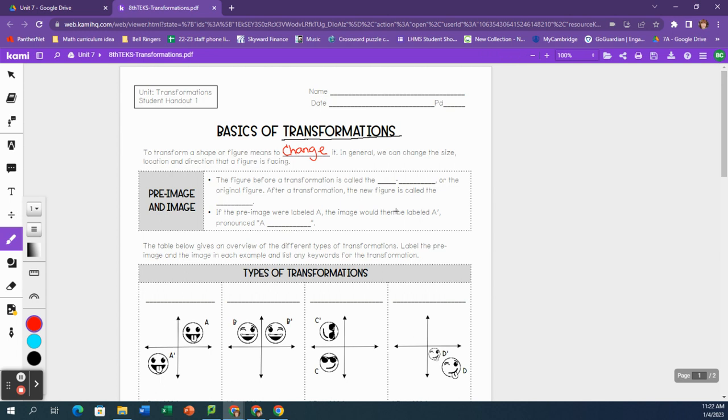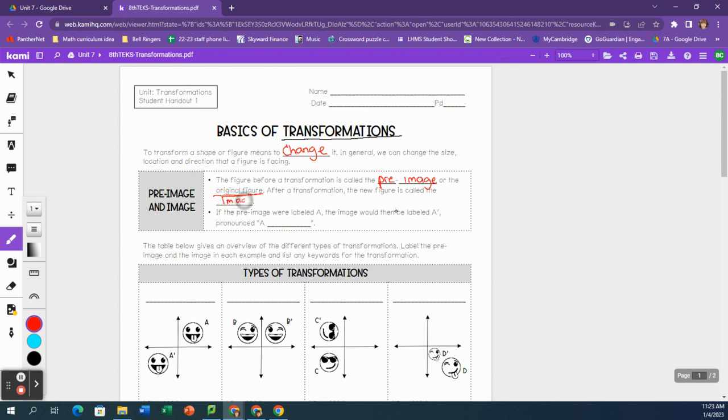The figure before a transformation is called the pre-image. Pre means before, so you have the pre-image or the original. After the transformation, we call that the image.